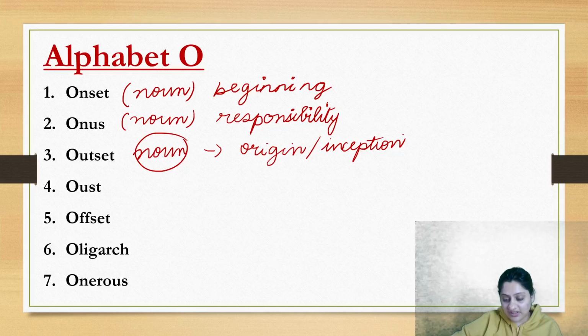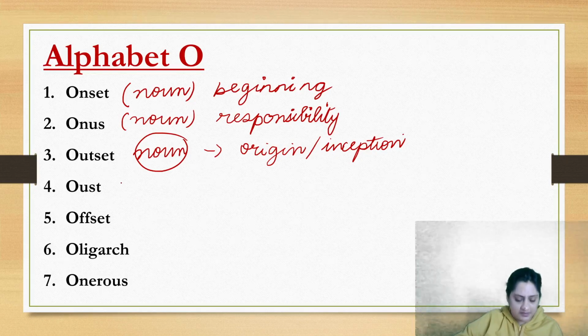For example, the project was flawed from the outset: from the beginning the project had errors, from the starting point. Similarly, we use onset, which is also the beginning, usually of something unpleasant.